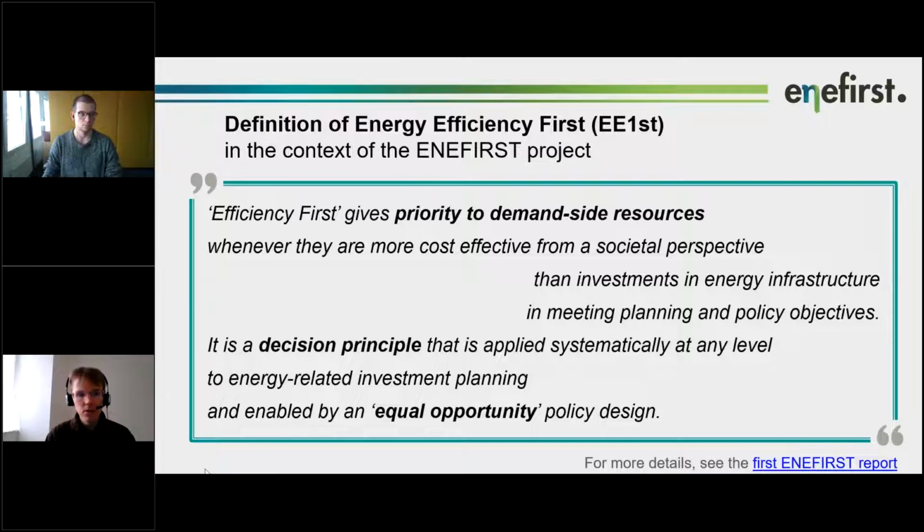It means that you compare different options and that this comparison should be fair. That's the equal opportunity aspect highlighted on the bottom. And at the end, all that is to give priority to demand side resources whenever it is relevant. And relevant here means more cost effective, adopting a societal perspective.